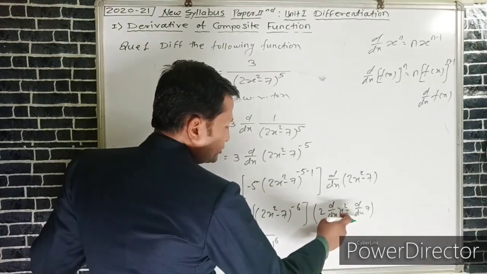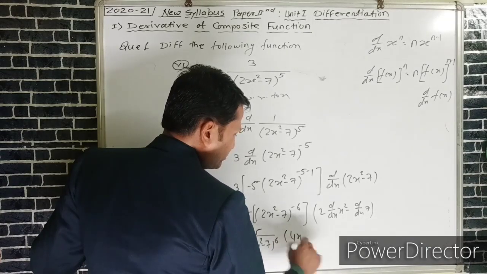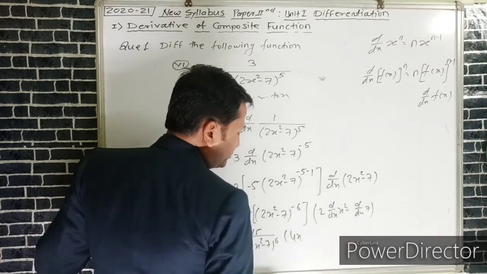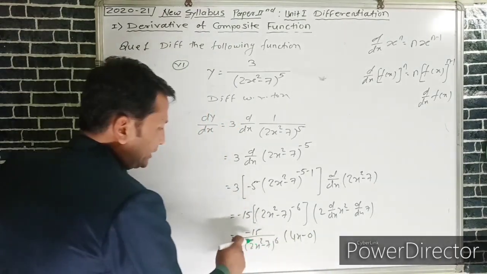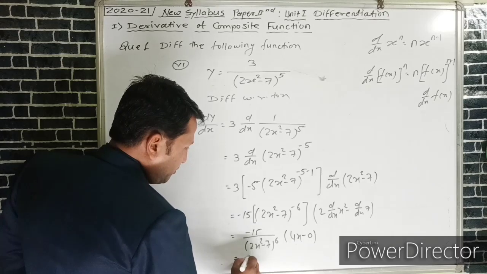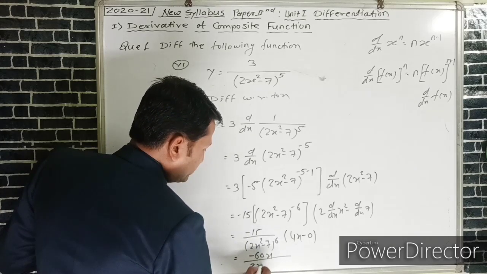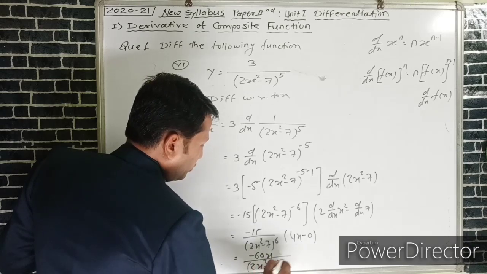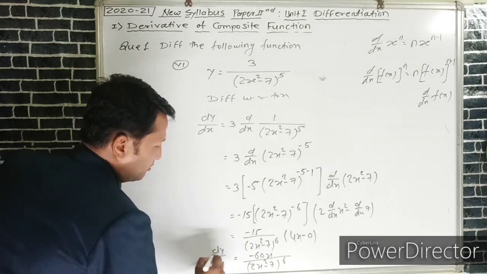The derivative of x square is 2x, 2x into 2 is 4x, and the derivative of 7, which is a constant function, is 0. 4 into minus 15 is equal to minus 60x upon 2x square minus 7 whole raised to the power 6, which is the required derivative of y.